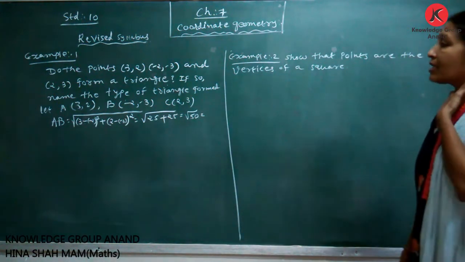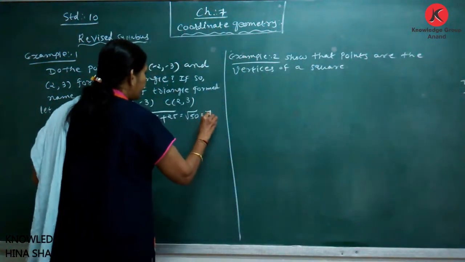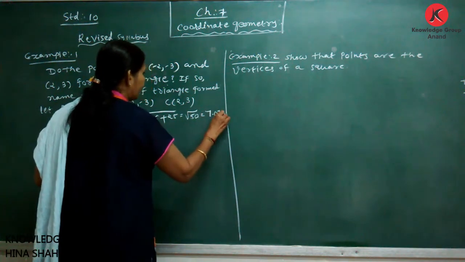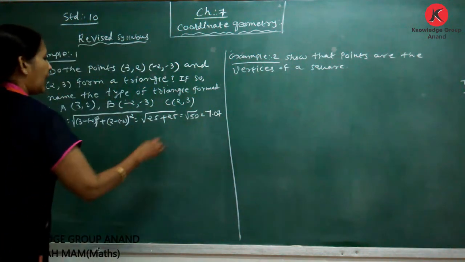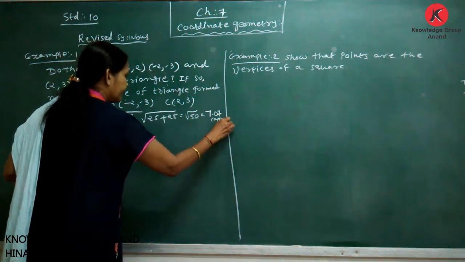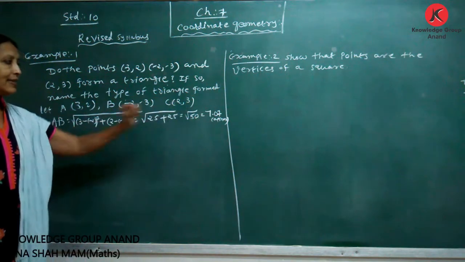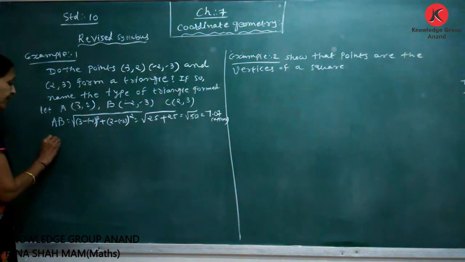Root 50 is approximately 7.07. You complete here with root 50; it is not necessary to compute the value.